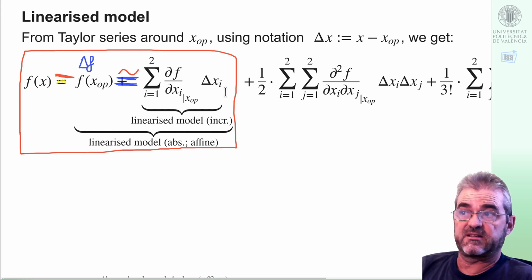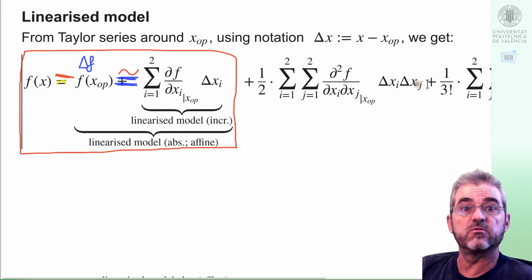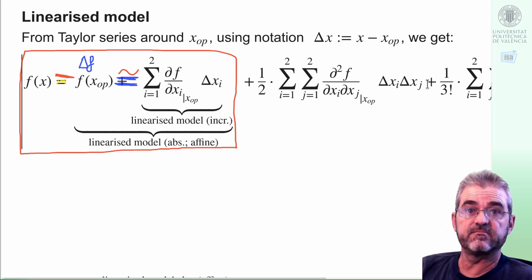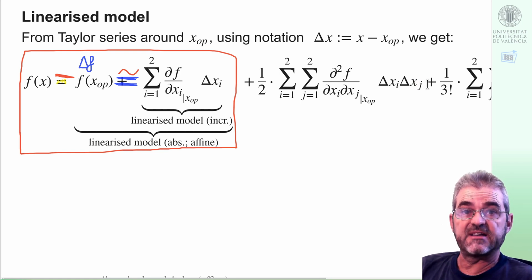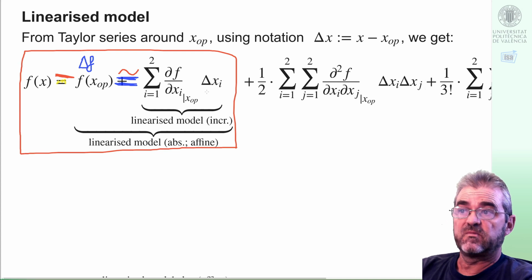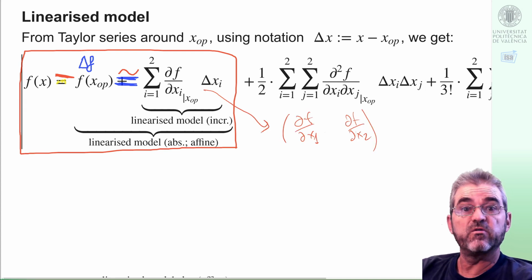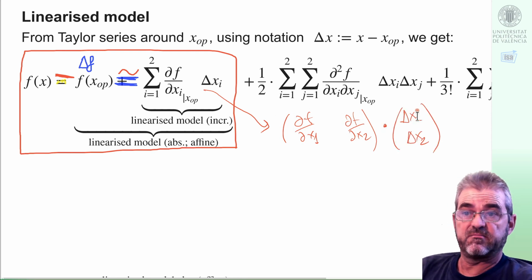However, as the usage of this linearized model, and in some cases the quadratic term also, is very frequent, these two terms are usually written in matrix expressions, in the sense that I may define this row vector of partial derivatives and multiply it by this column vector of increments of each of the coordinates.